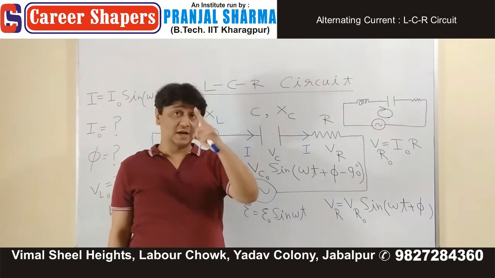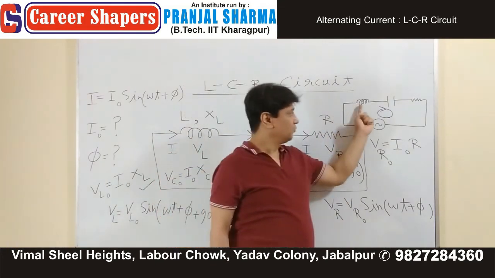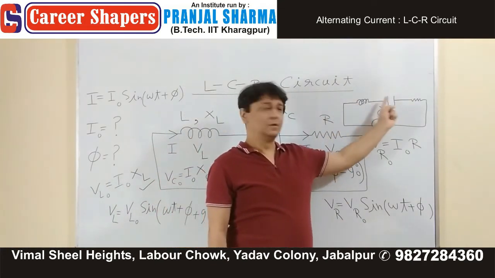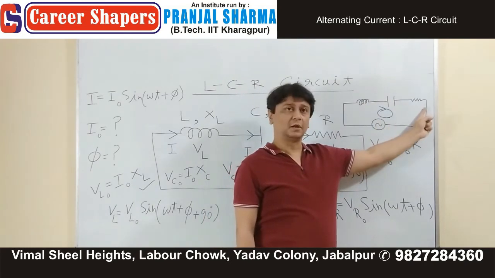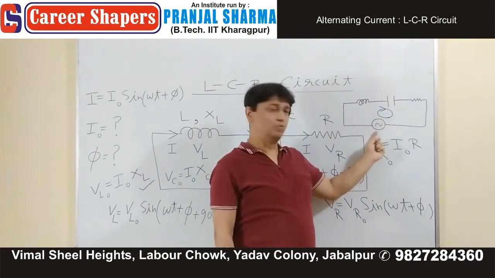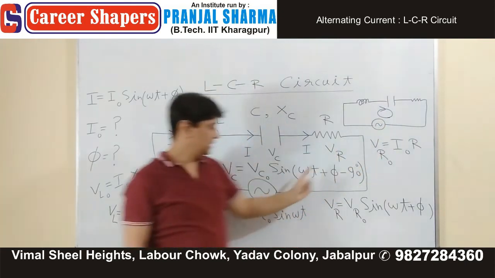So what does it tell us? It tells us that VL, VC and VR, sum of these three will be equal to what? E. This is the source.